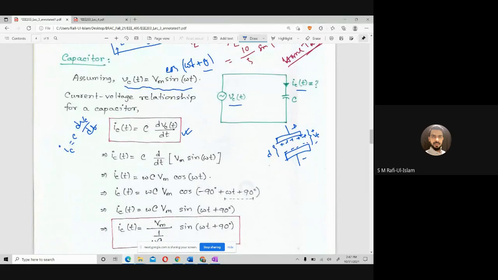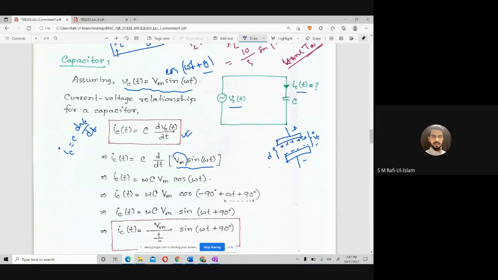So what I have done is substitute the value of the capacitor voltage here. So this is Vm times sine omega t. Since Vm is a constant, I can take it out. So Vm times C, and d by dt of sine omega t. What is the differentiation of sine, right? Cosine omega t.